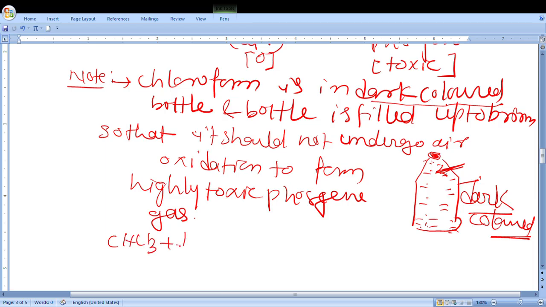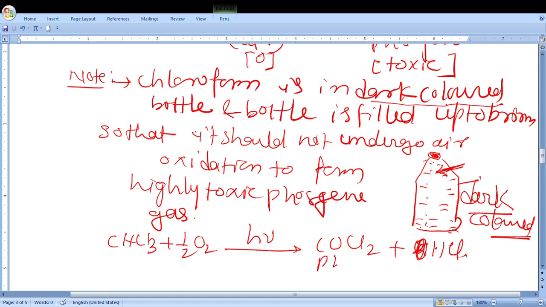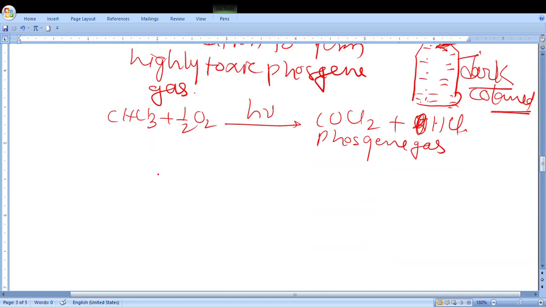So CHCl3 plus half O2 in presence of sunlight to form COCl2 plus HCl. This is not 2HCl, this is 1HCl. So this is your phosgene gas which makes the chloroform toxic.